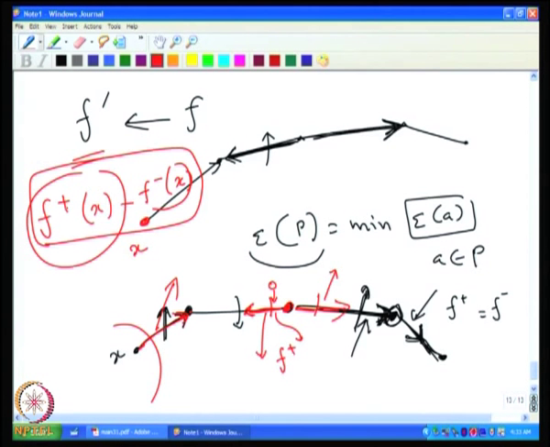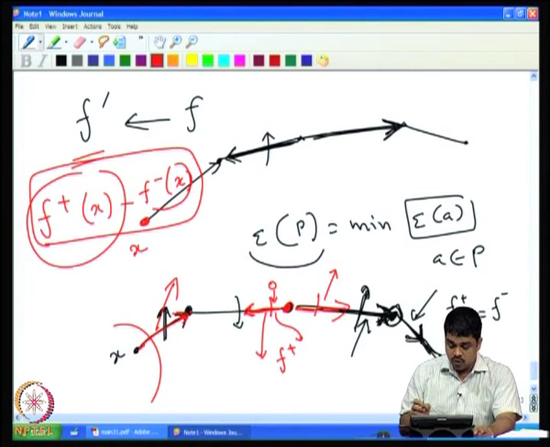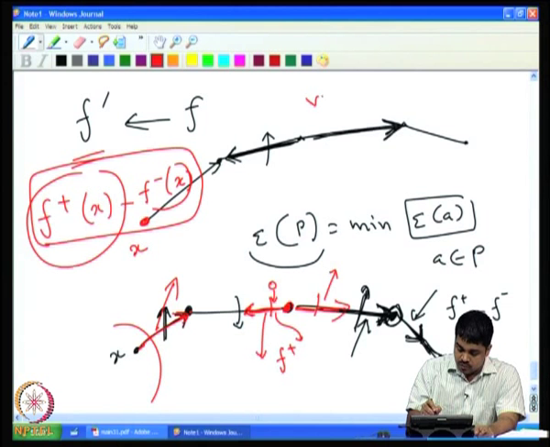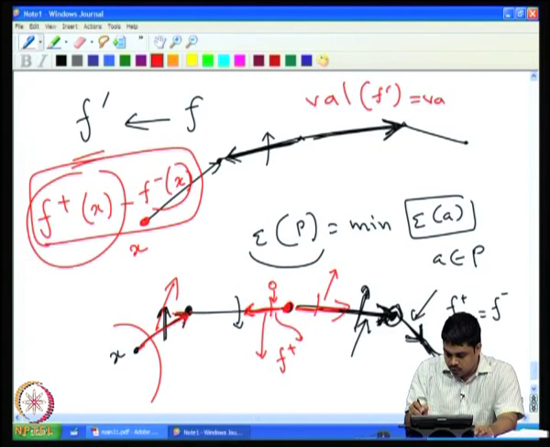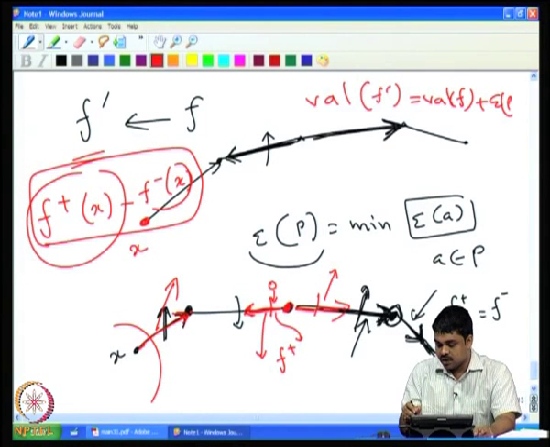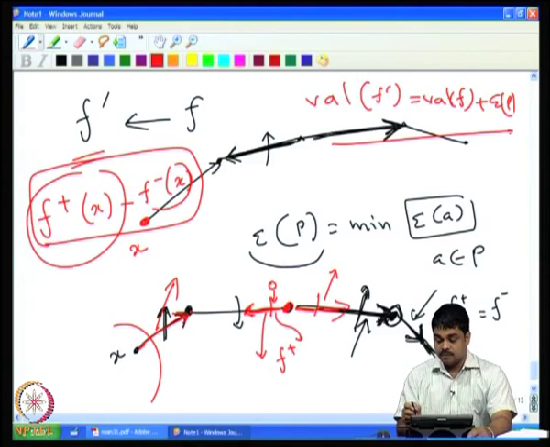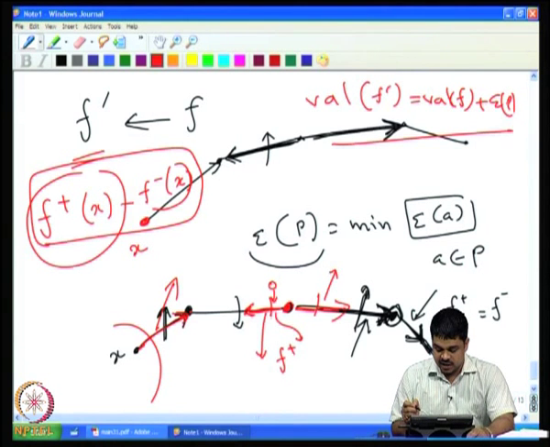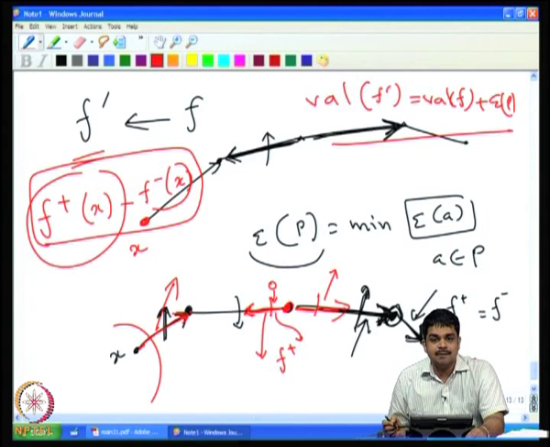Therefore, f plus of x minus f minus of x will anyway increase, so the overall flow value will be more. So, value of f dash will be equal to value of f plus epsilon of p, where p is the incrementing path that we have selected. This is how we can increase the flow value.